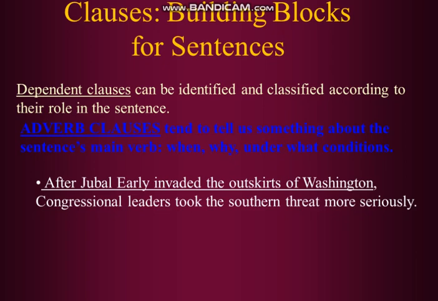The first one underlined is a dependent clause, the other one is an independent clause. Let's see the dependent clause very clearly. It starts with after. So definitely it is a dependent clause. After Jubal Early invaded the outskirts of Washington. How invaded? Early invaded. So all these words together do the work of an adverb. So that's why we call it an adverb clause.